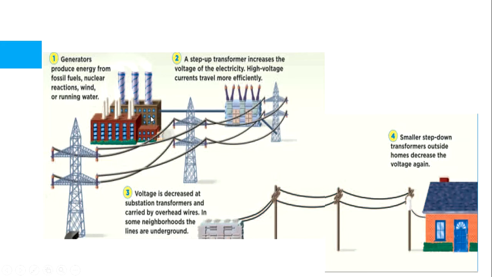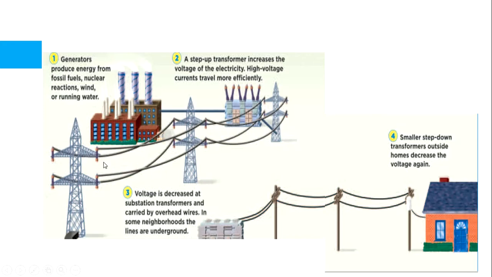Because it has to move a long distance, it should be moved at an increased voltage in a more powerful way. The power lines span great distances from power plants to cities. They move the current electricity to the cities.